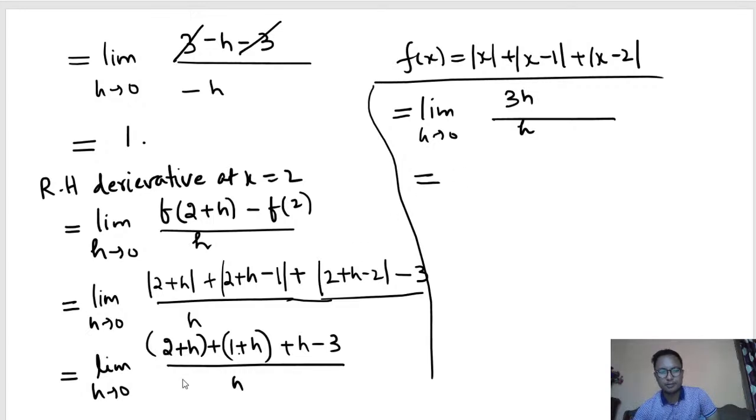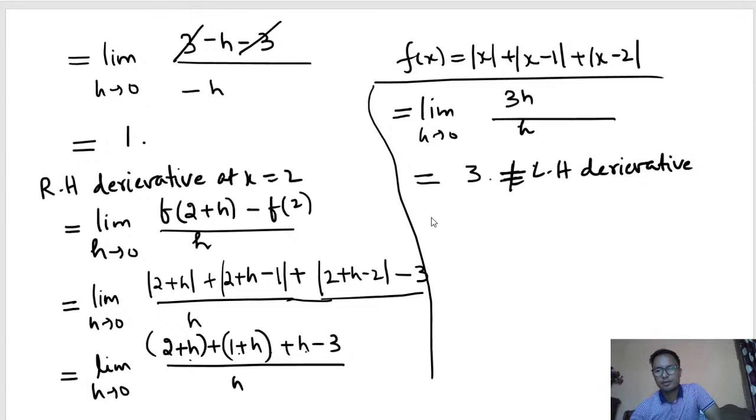So the derivative is 3, that is the right hand derivative, which is not equal to the left hand derivative.